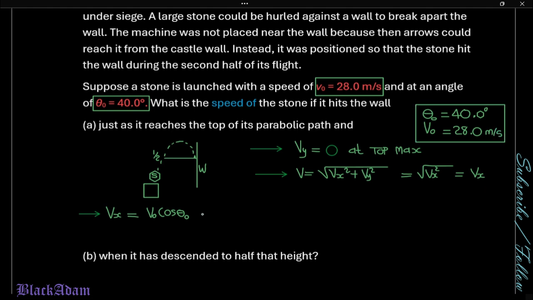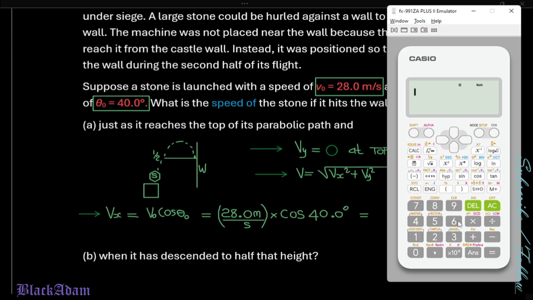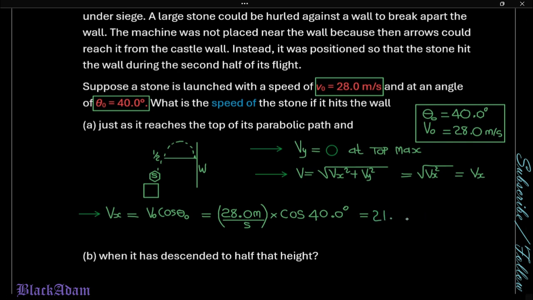Those are the given values, so the horizontal speed is 28 meters per second multiplied by cos 40 degrees. Punching that in a calculator, cos 40 degrees multiplied by 28 is 21.4 to 3 significant figures. 21.4 meters per second.